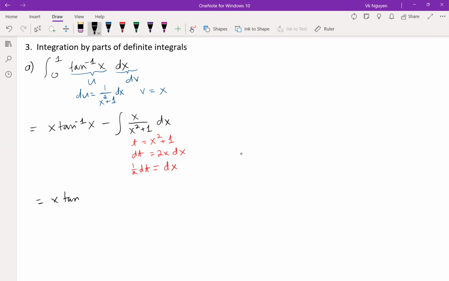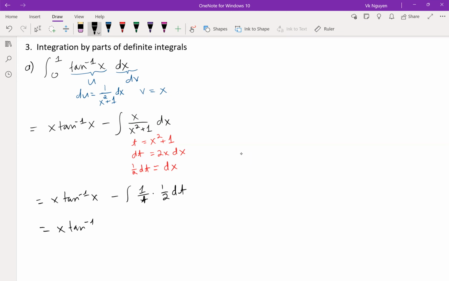x arctangent x minus the integral, and this would be 1 over t multiplied by 1 over 2 dt.